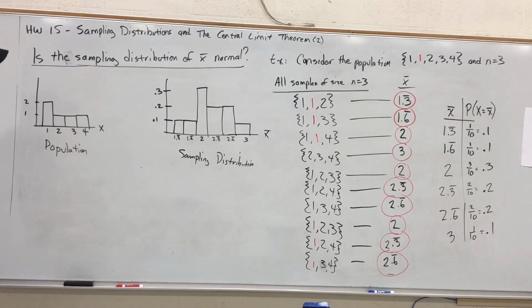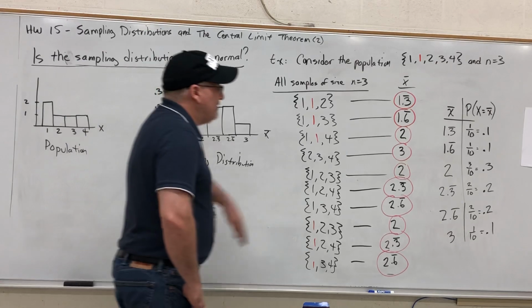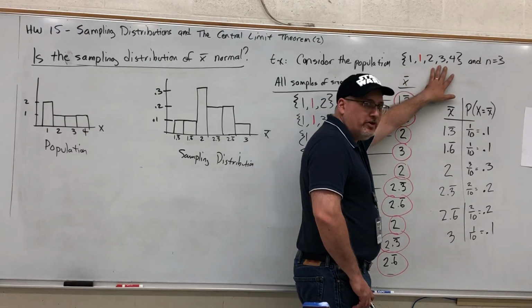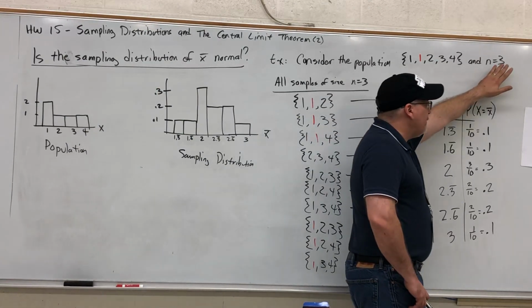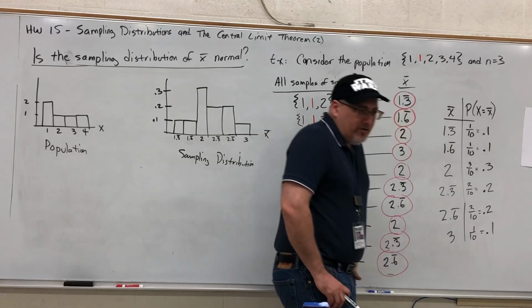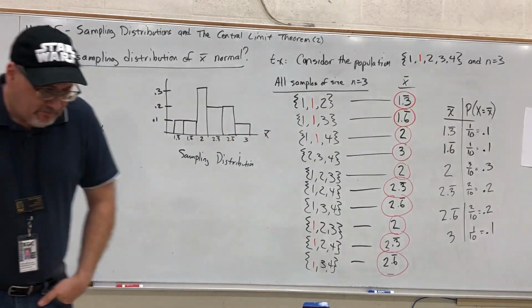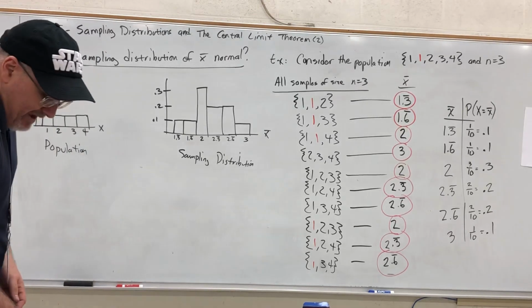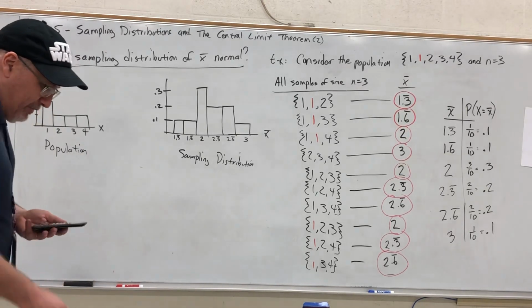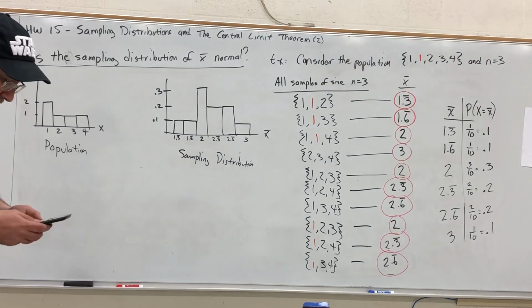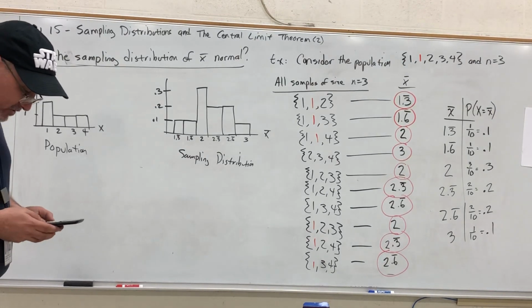But let's say that we had a population that had not 5 numbers but 500, and instead of picking samples of size 3, we picked all the samples of size 10. Now, we should never actually do that. Pick all the samples of size 10 out of a population of size 500.